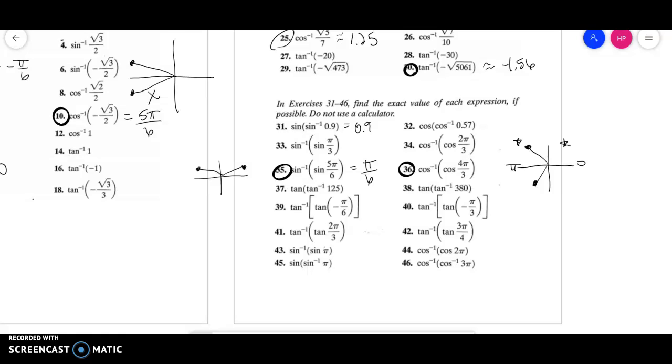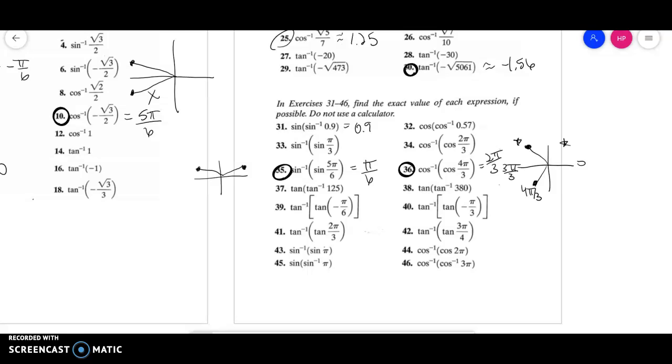So I have to recognize that that 4 pi over 3, if this is really like 3 pi over 3, then it's pi over 3 away. So this one that it's reflected to, and this is probably easy to see, I hope, on your nice copy of the unit circle, is equal to 2 pi over 3.